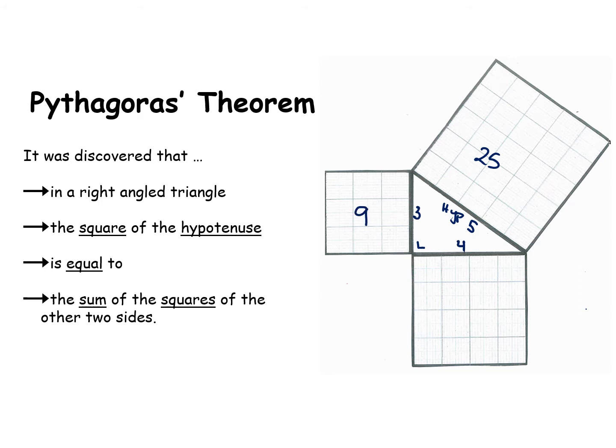The square on the side of 3 has an area of 9, and the square on the side of 4 is 16. What he discovered was that 25, the big square, is equal to the two smaller squares added together. This can be simplified into our formula and used, but sometimes it's important for students to see this visually to really understand what he was talking about. So this picture here shows the squares drawn on each side.